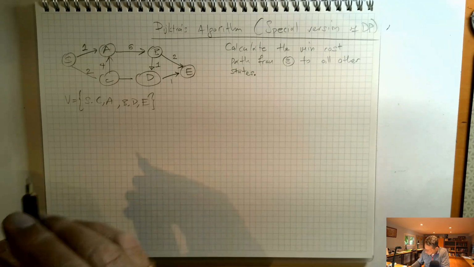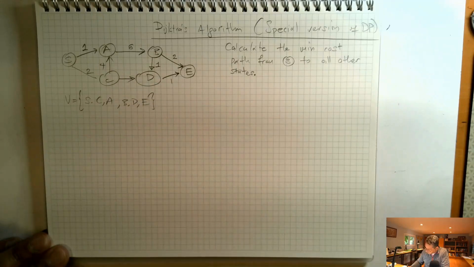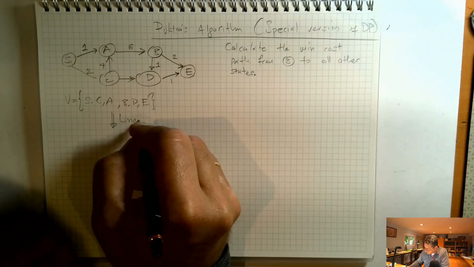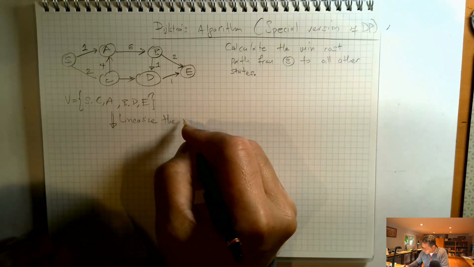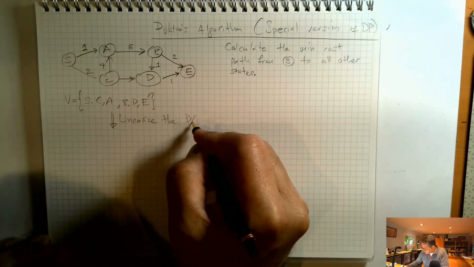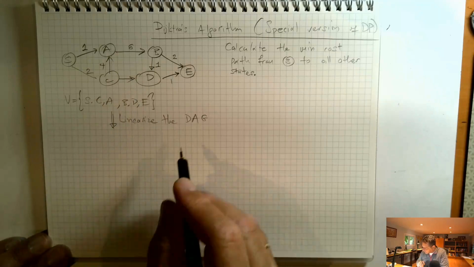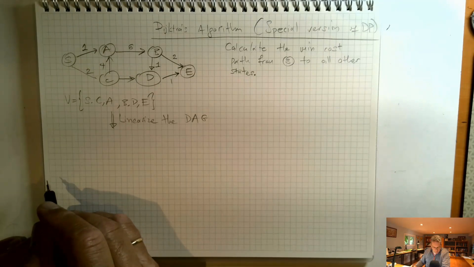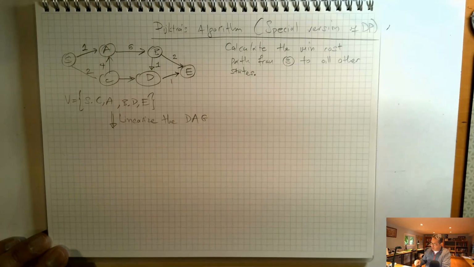The first thing that we are doing is to linearize the directed acyclic graph. Probably notice we have no loops over here, so we have a directed acyclic graph. We linearize it in the sense that we create a new graph that has only edges moving from left to right.